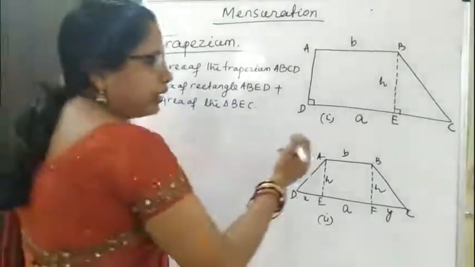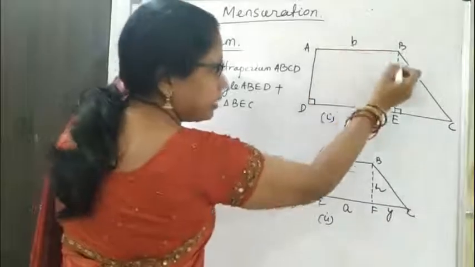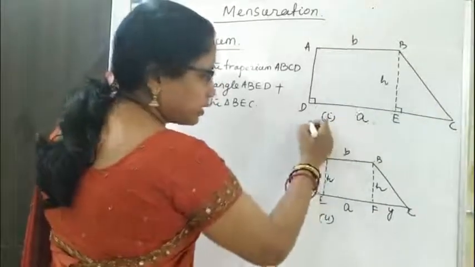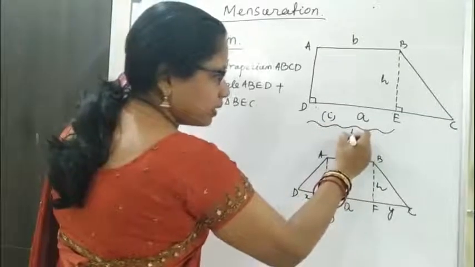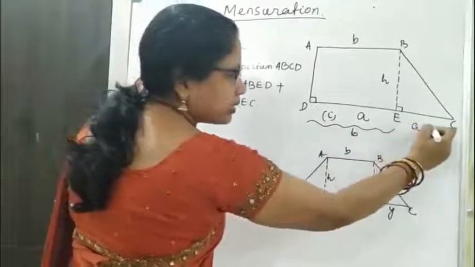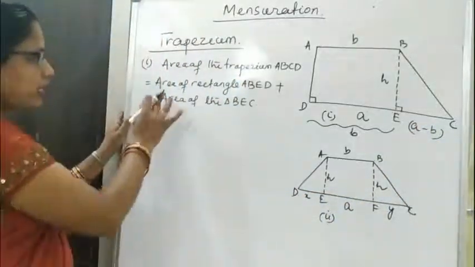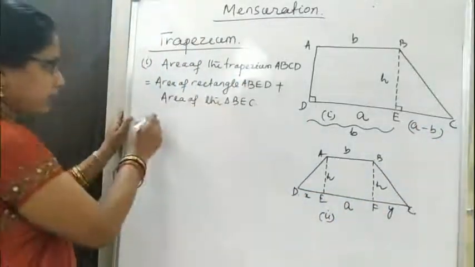Let AB be b. ABED is a rectangle, so if AB is b, then DE is also b. So what is EC? This is a minus b. What is the area of rectangle ABED?